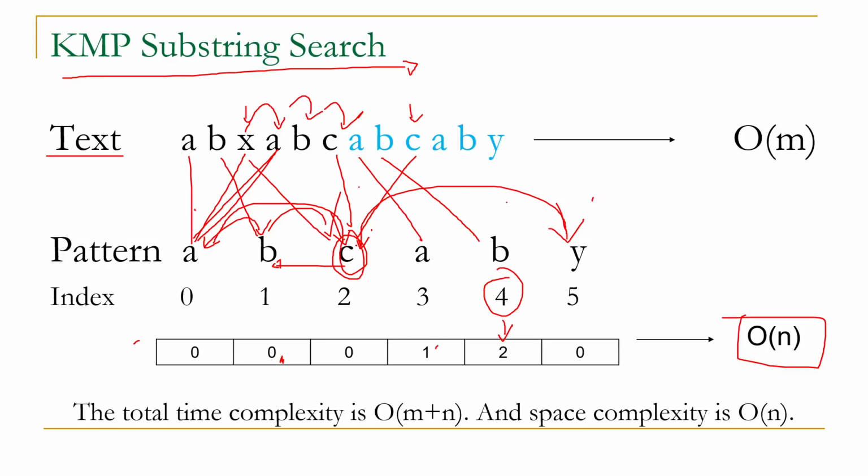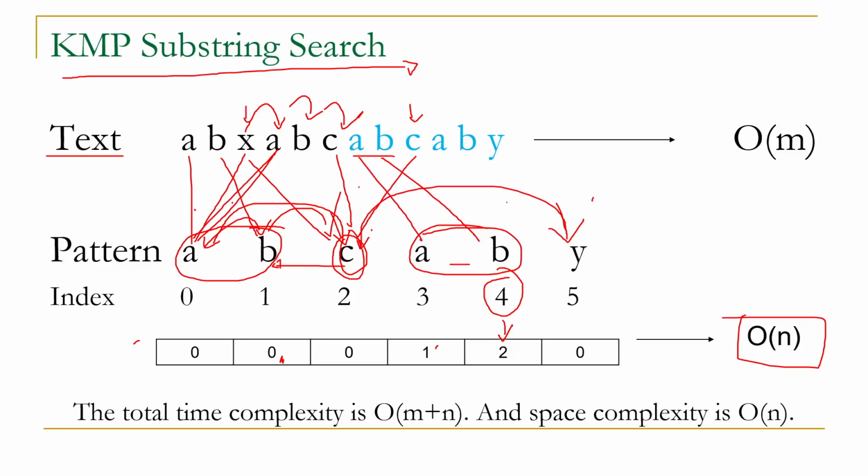Here additional information is that we can see the same suffix and the same prefix. So this is ab and there must be ab.